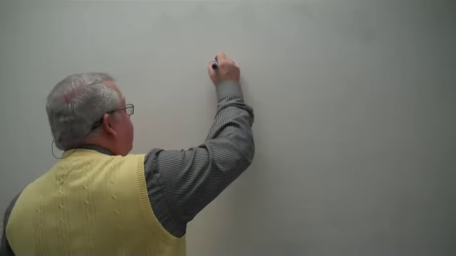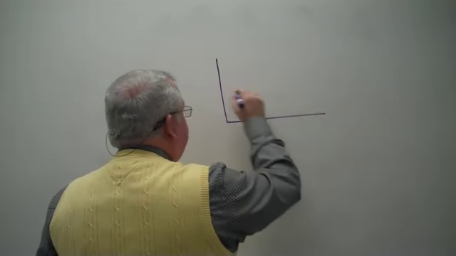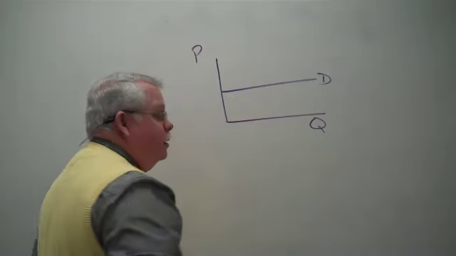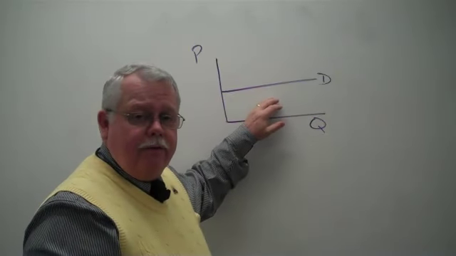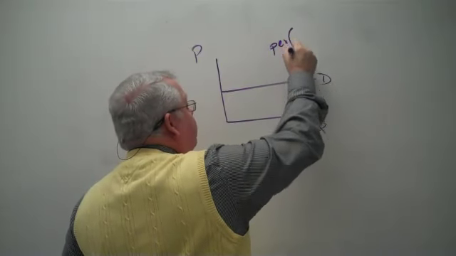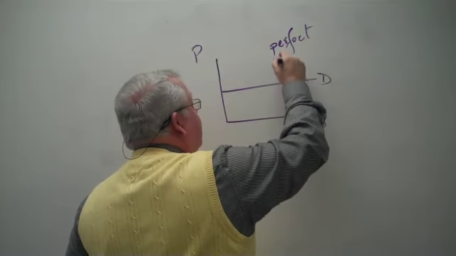For the most part, we're going to use straight line demand curves. Okay? So I need you to remember that if you have this sort of demand curve, this is price, this is quantity. Where did you see that kind of demand curve? I hope you remember you saw it when you studied perfect competition.